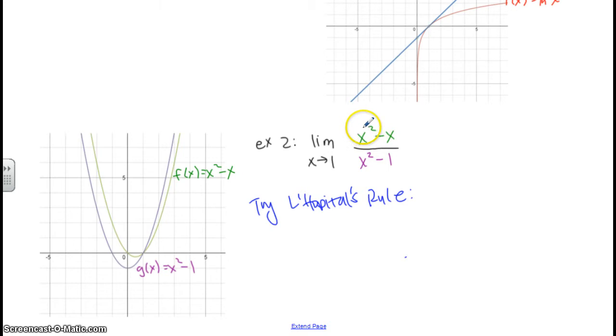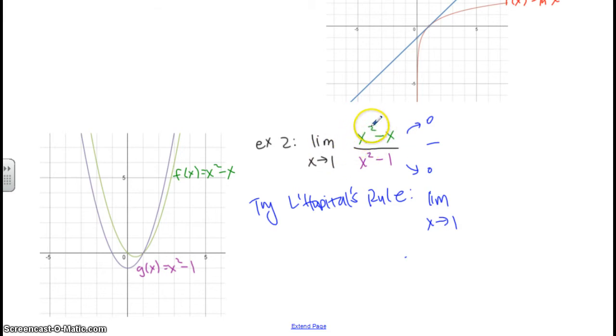So when I plug in 1, 1 minus 1 is 0. Plug in 1 here, 1 minus 1 is also 0. So I have to check that I have an indeterminate form. Again, if I'm applying L'Hopital's rule, I'm finding the derivative of the top and the bottom entirely separately, and I'm taking a ratio of their slope functions.